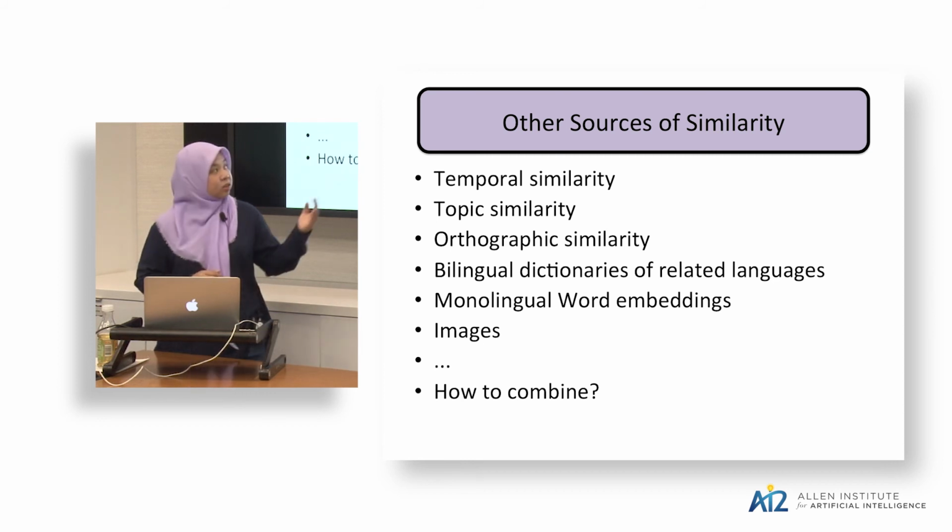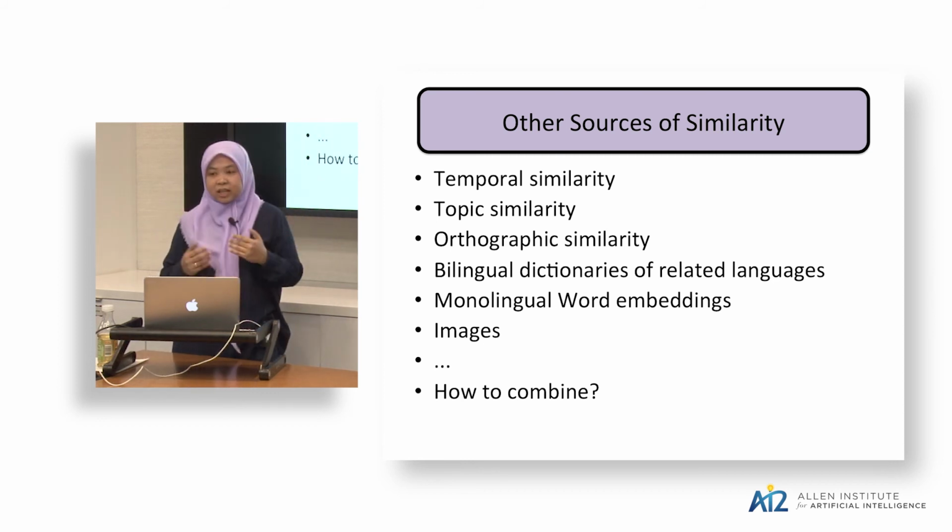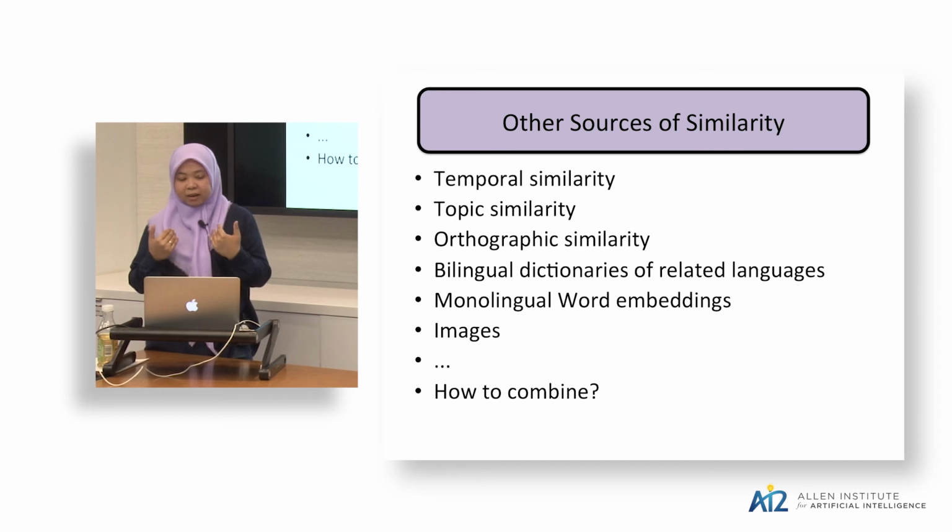And we can also use a bilingual dictionary of related languages. For example, for my native language, Indonesian, we have a lot of loan words from Dutch. And Dutch is a higher resource language that already has translations to English. So we can use the Dutch to English translation to help bridge Indonesian to English translation.